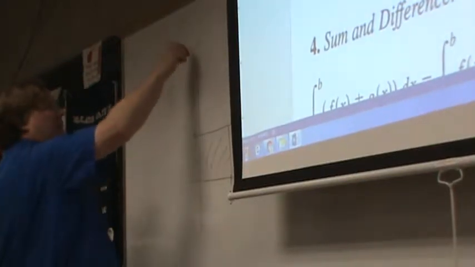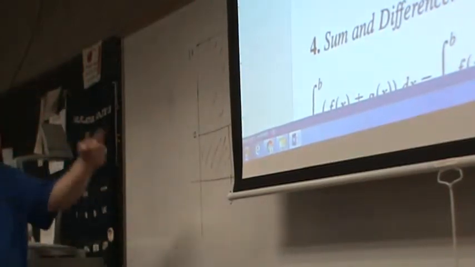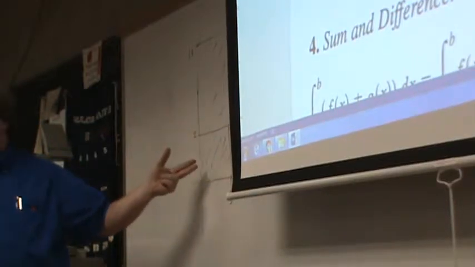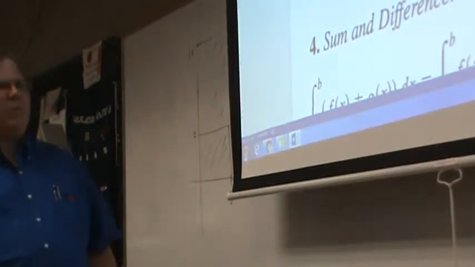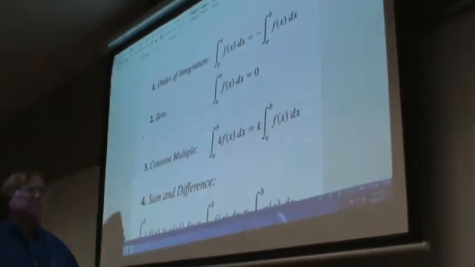Well, that just means I'm up at 10, and I've multiplied my area by 5. Essentially all that k is doing is multiplying the height of each and every rectangle by k, and that is like multiplying the entire area by k. But if none of that makes sense, that's okay.